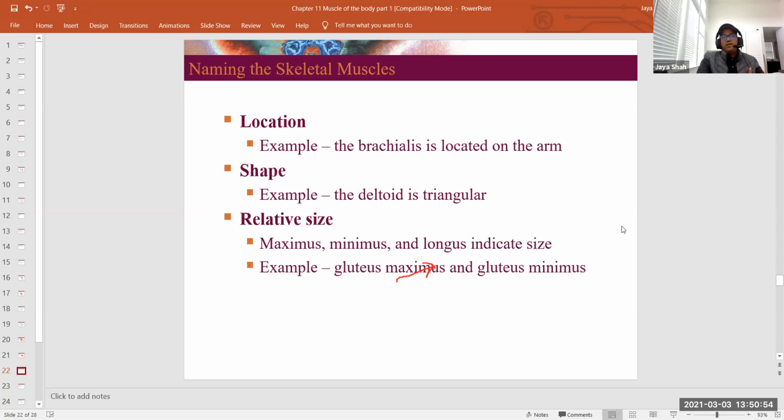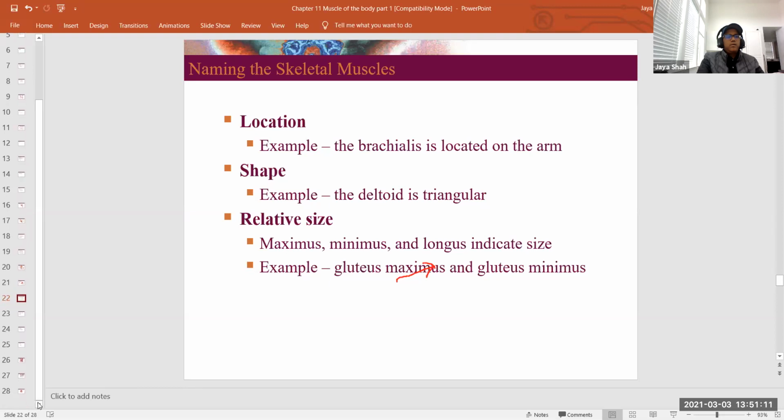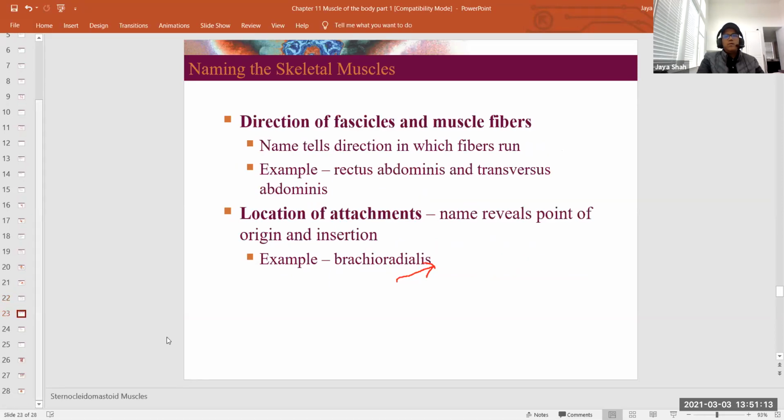For example, gluteus maximus, gluteus minimus, gluteus medius.